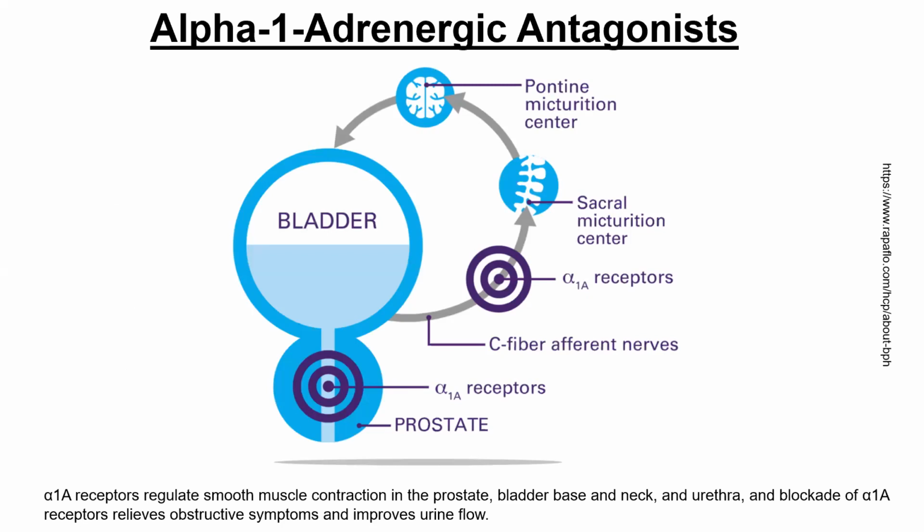When you activate these alpha-1A receptors, they cause smooth muscle contraction in the prostate, bladder base, neck, and urethra. So when you're already having a compressed urethra and difficulty urinating, if you block the activation of alpha-1 by using alpha-1 blockers, you alleviate some of the symptoms of BPH.